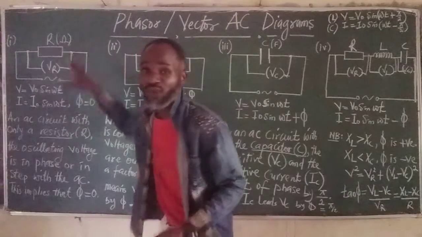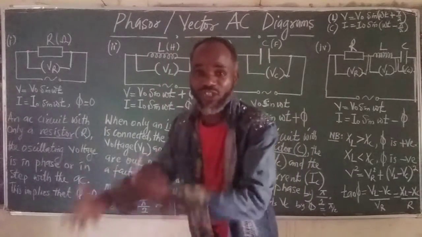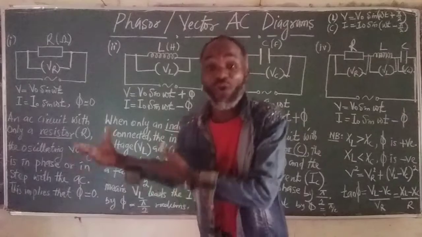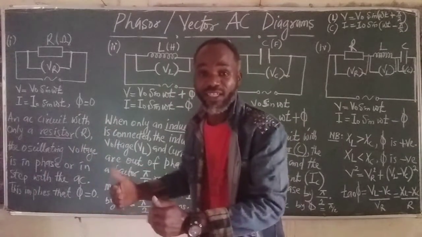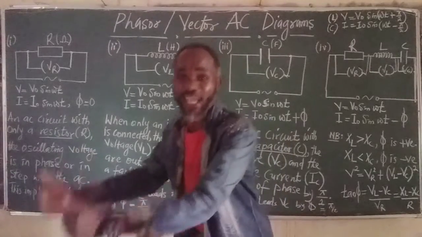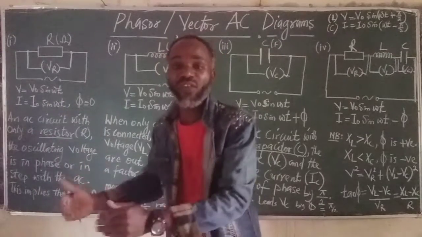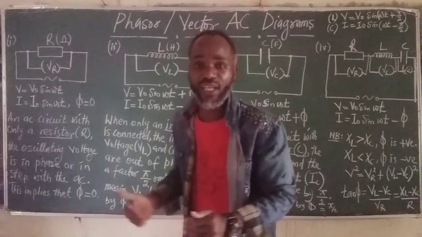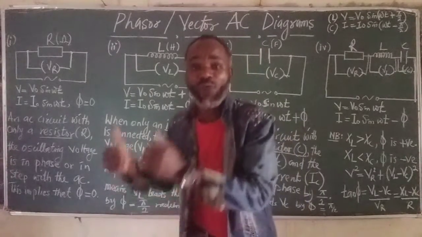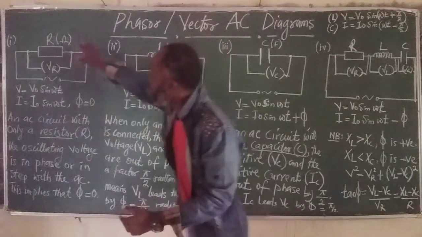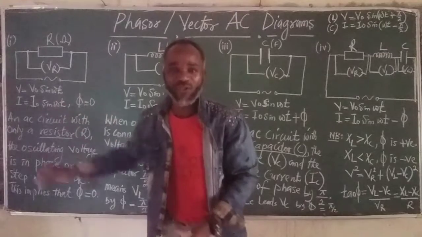So when a resistor is connected in an AC circuit, the oscillating voltage and the current are in phase, meaning they flow, they move in the same step. The current does not lead the voltage, neither does the voltage lead the current. Both flow in step. That is what happens when a resistor is connected in an AC circuit.